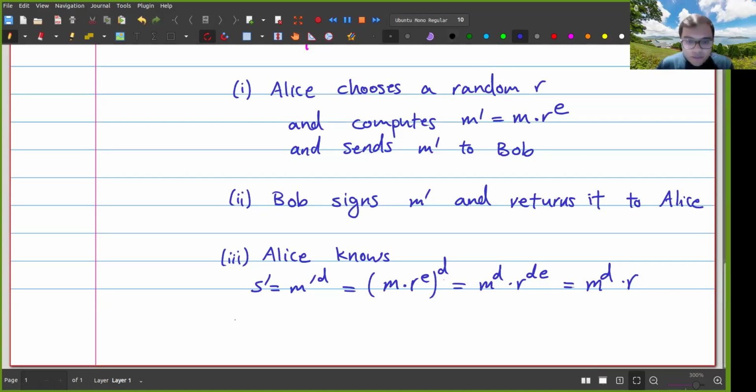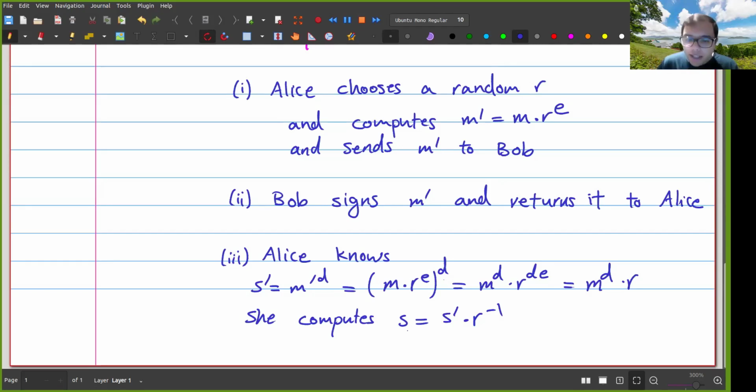So she computes the signature she was actually looking for, which is, let's say, S, by just taking S prime and dividing it by R. And remember that division is the same as multiplying by the inverse. We have a modular multiplicative inverse. I can just multiply by that.